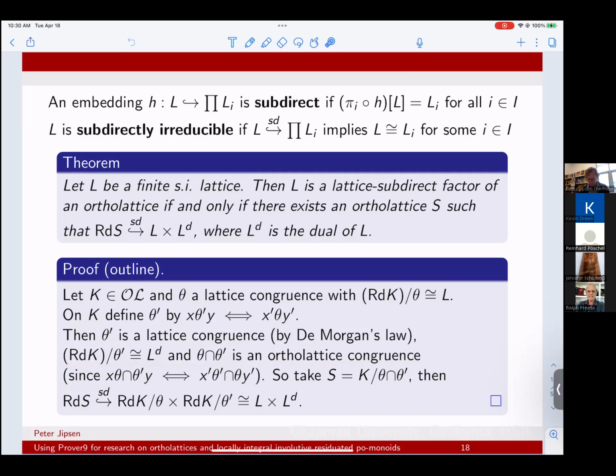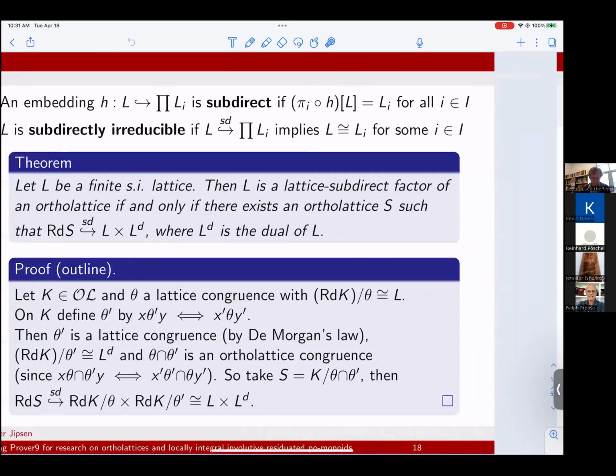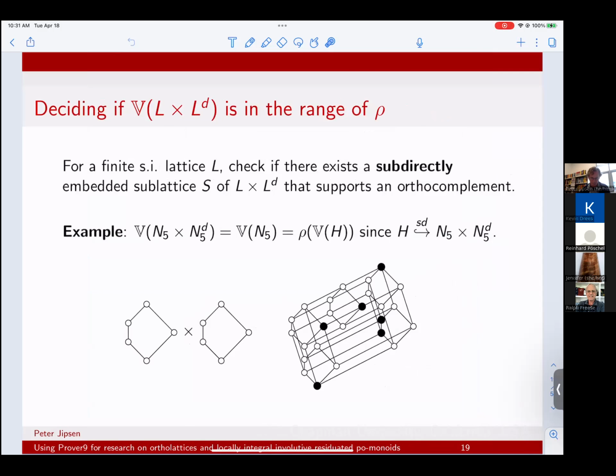And then you can take the ortholattice modulo this intersection and call that S. So S is an ortholattice, but the lattice reduct of S is going to subdirectly embed into these two, which is L cross L D. So that's the interesting direction of this theorem. Now, for a finite lattice, you can check this.